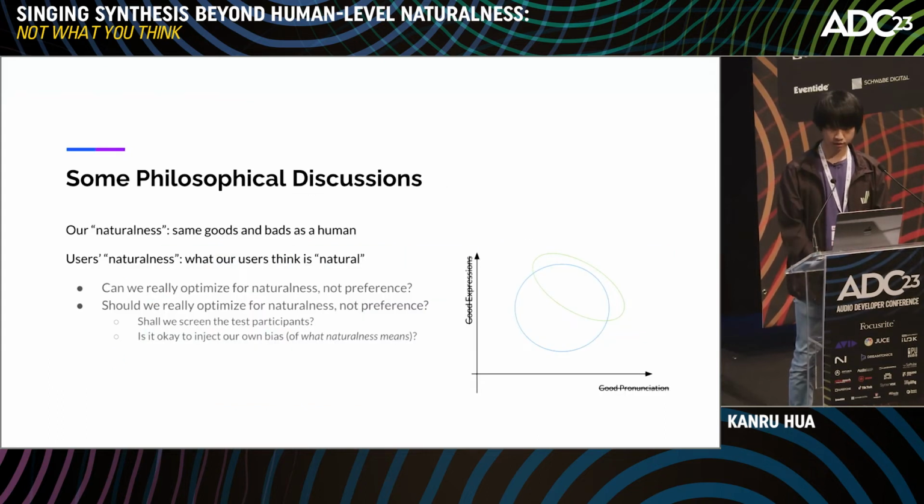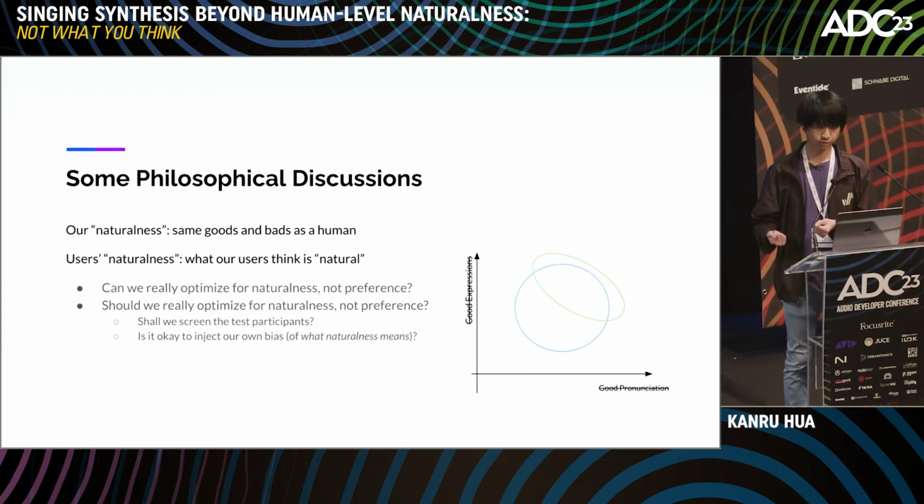So I think this pretty much verifies the hypothesis that there's a difference between people's understanding of naturalness. There's a difference between naturalness and preference.